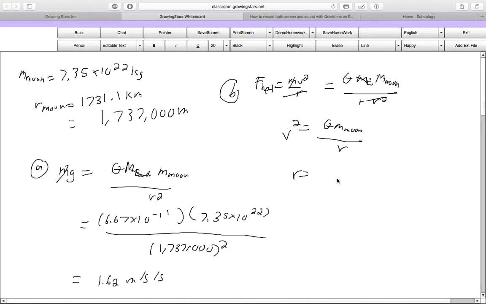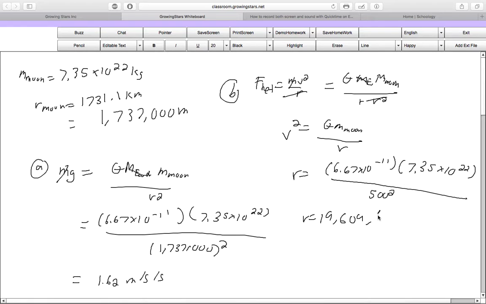So r is equal to 6.67 times 10 to the negative 11th times 7.35 times 10 to the 22nd over 500 squared. So r is equal to 19,609,800 meters.